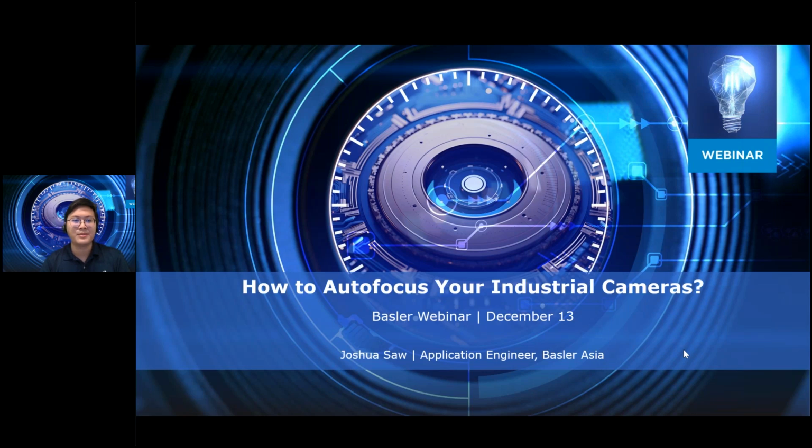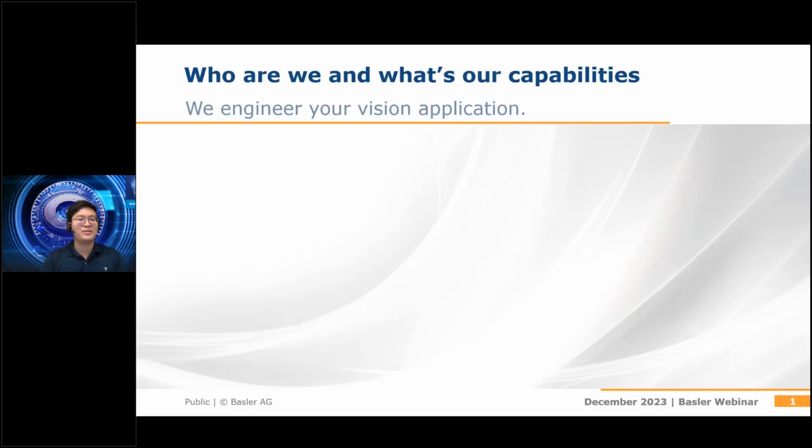So the topic of today's webinar is how to autofocus your industrial cameras with Basler cameras. So who are we and what are our capabilities? Basler is a global leader in machine vision solutions, offering a wide range of cameras, sensors, and software for a variety of applications. That includes industrial automation, medical imaging, traffic monitoring, and so on.